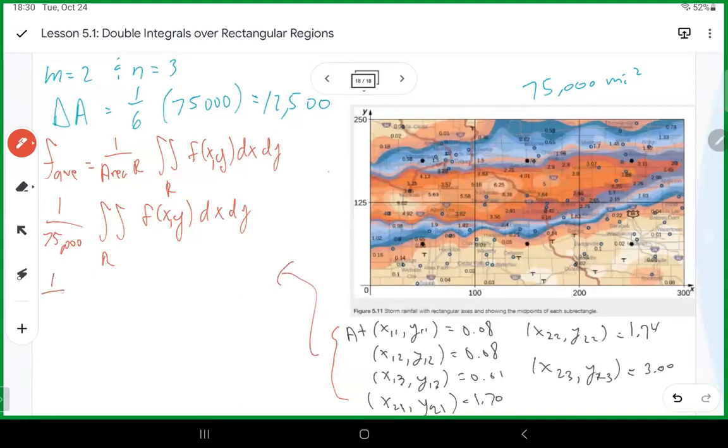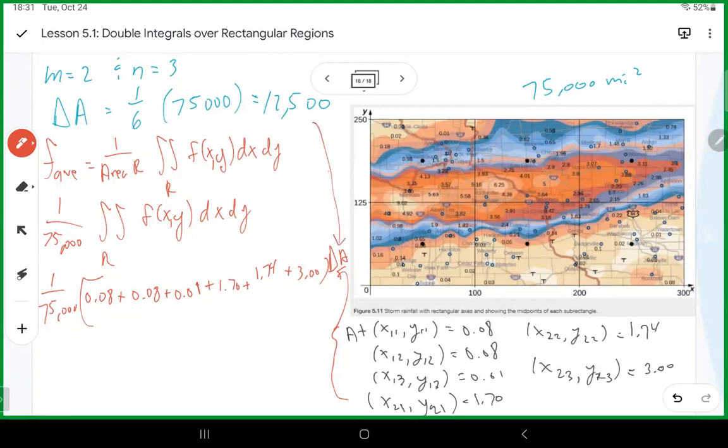So it'll be the 1 over the 75,000 times all of our rainfalls that we just found, and then delta A. We know delta A is the 12,500.